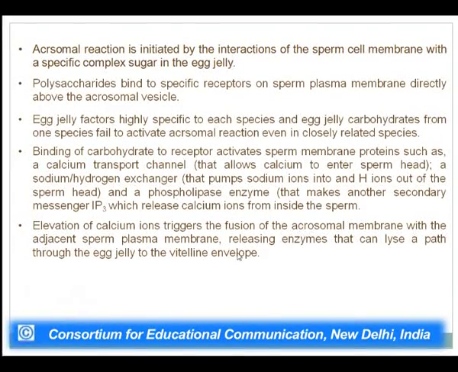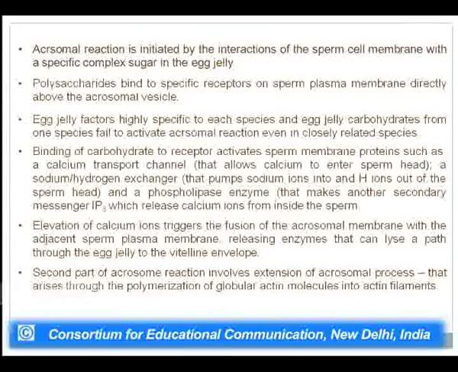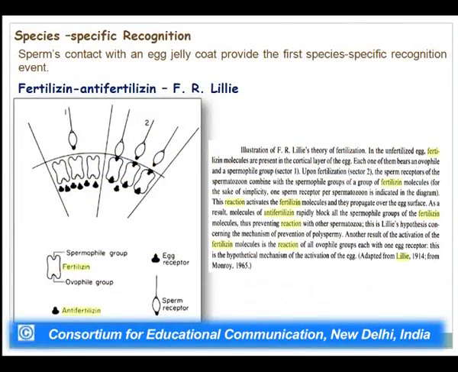The elevation of the calcium ions triggers the fusion of the acrosomal membrane with the adjacent sperm plasma membrane, releasing the enzymes that can lyse a path through the egg jelly to the vitelline envelope. The second part of the acrosomal reaction involves extension of the acrosomal process that arises through the polymerization of globular actin molecules into actin filaments. So, species-specific recognition: the sperm's contact with an egg jelly coat provides the first species-specific recognition event.